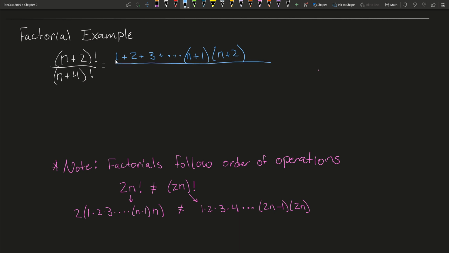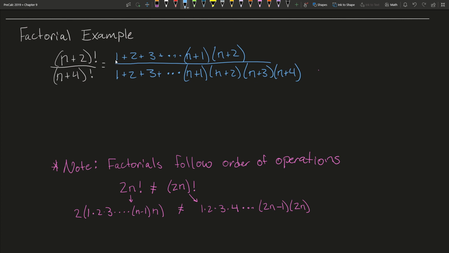Okay, and then we can rewrite n plus 4 factorial, again, as every number up until it, including n plus 1, n plus 2, and so on. And then we can cancel out common factors, all right?